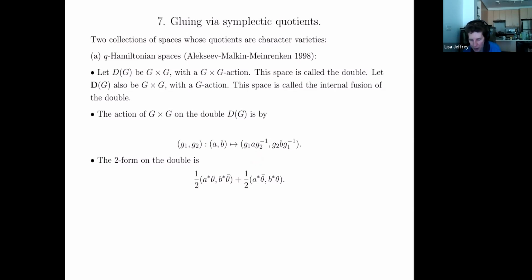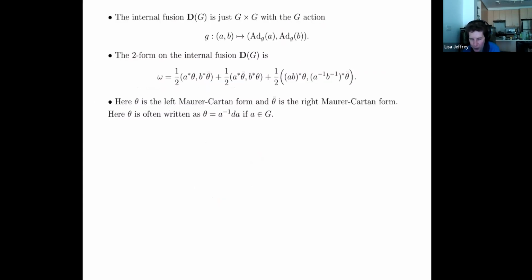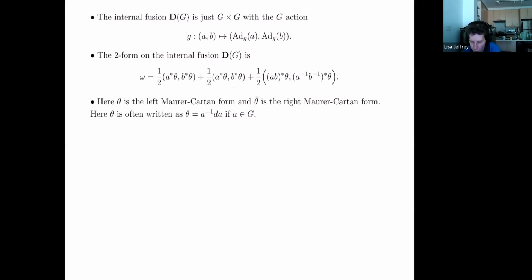There is a 2-form on the double, which is constructed from the Maurer-Cartan form. So little theta represents the left Maurer-Cartan form, and theta bar is the right one.